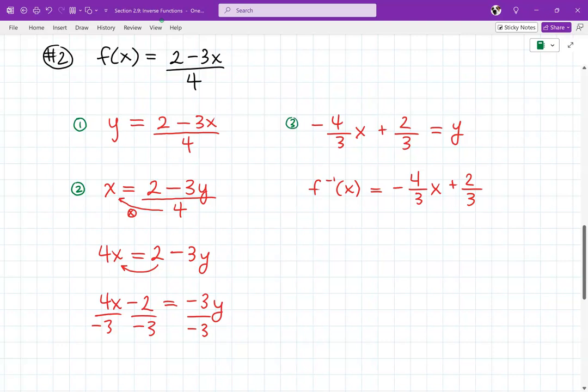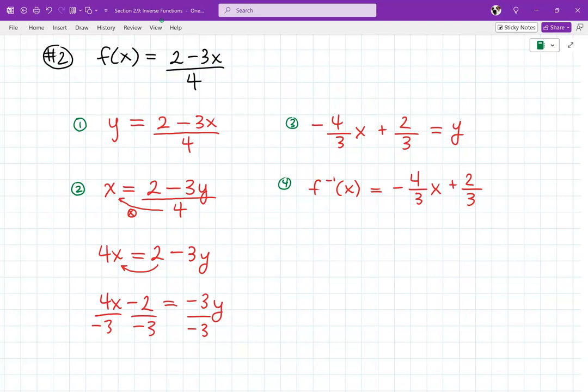Then you got your step 4. So step 1 was to change f of x to y. Step 2 was to change your y to x and x to y. Step 3 was to solve for y. And step 4 is to change y to f inverse of x.